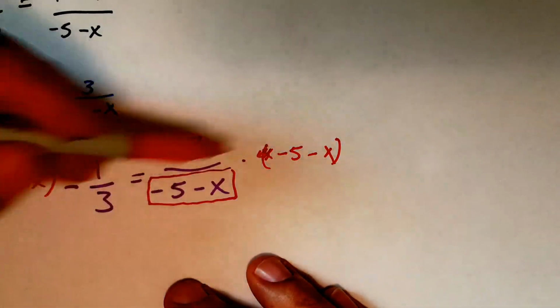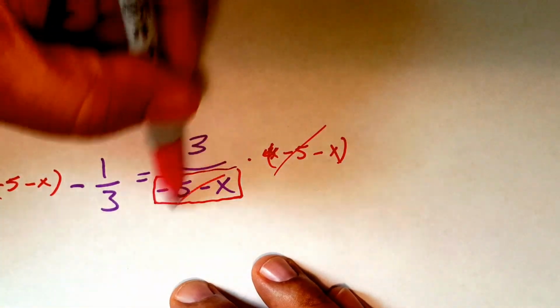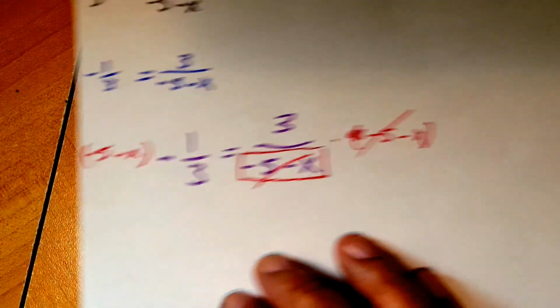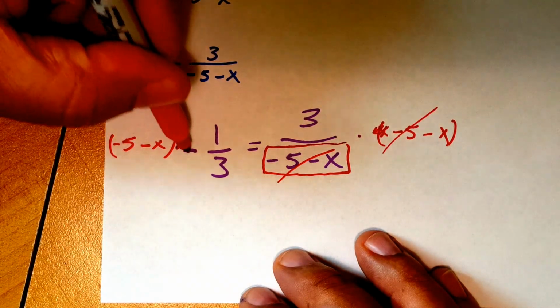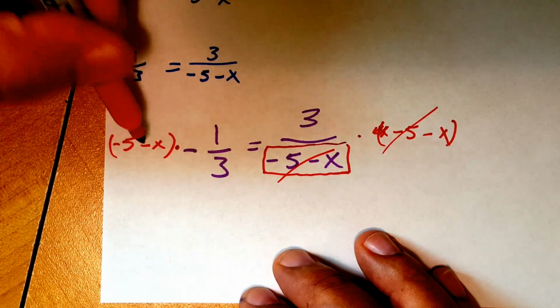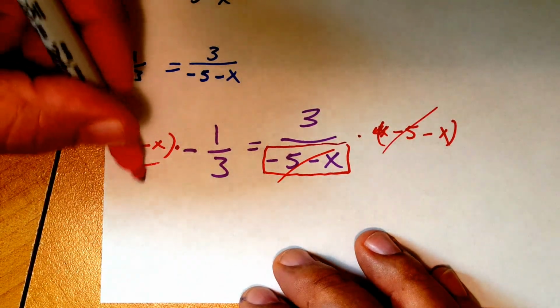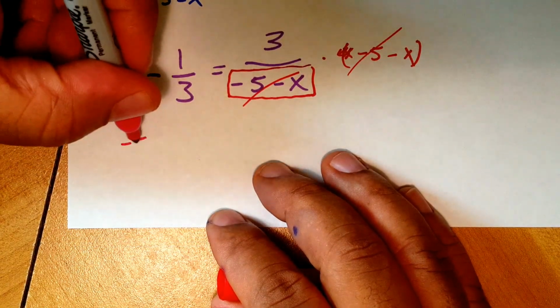So I multiply both sides by this. So what ends up happening is on my right-hand side, they cancel out. On my left-hand side, again, this is a multiplication sign, not a minus sign. What ends up happening is all of this, if I write it as a fraction, is over 1, and I multiply straight across.